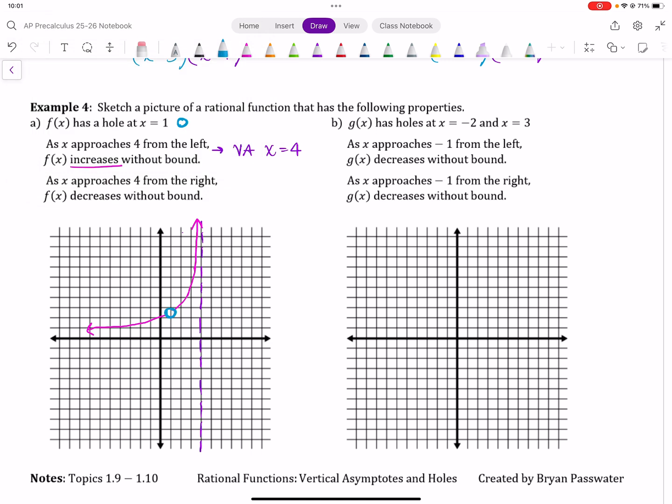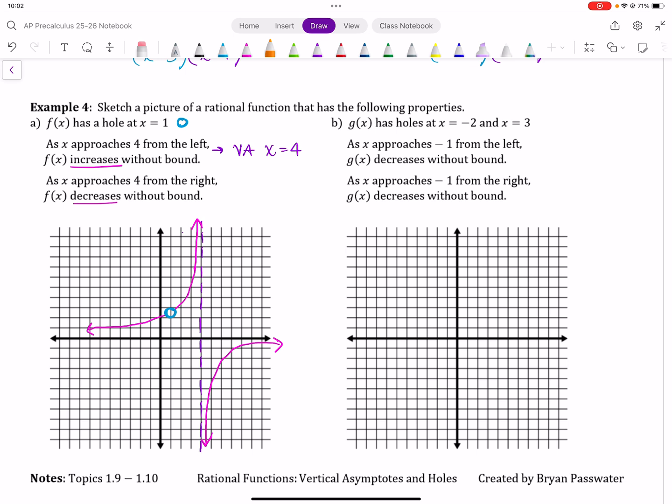So we'll put a hole on our graph. And then the last piece of information says as we approach 4 from the right side, it decreases without bound, meaning the right side of our vertical asymptote will be going down. So that is roughly what our function f could look like.